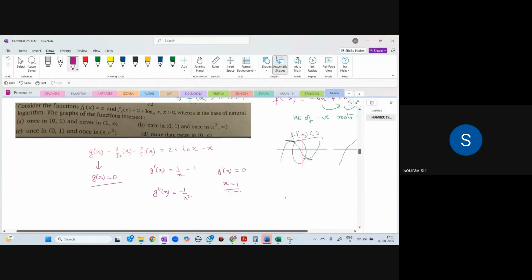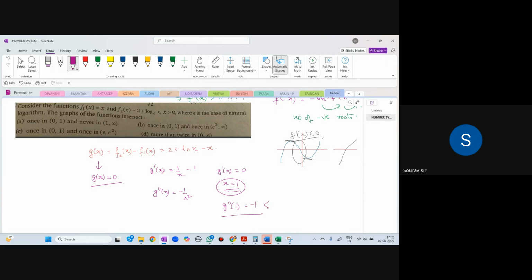So at x equal to 1, g''(1) will be minus 1, which is less than 0, which means this is a maximum. Understood?